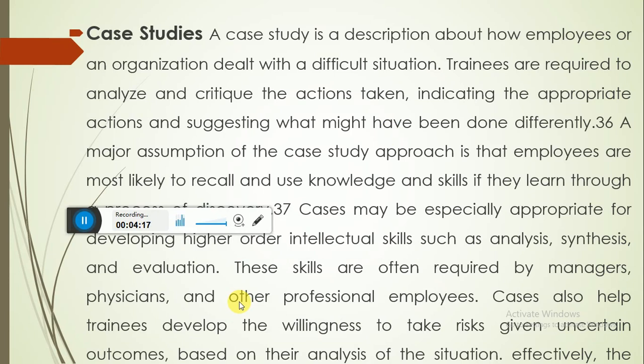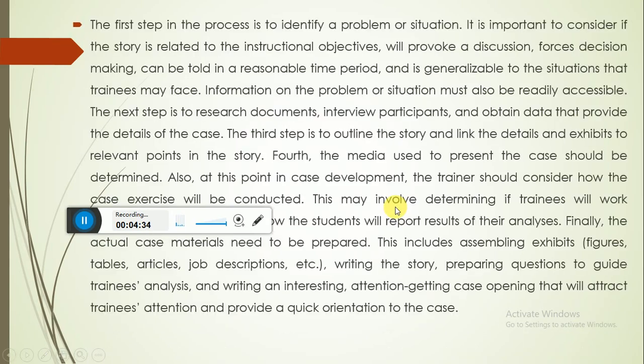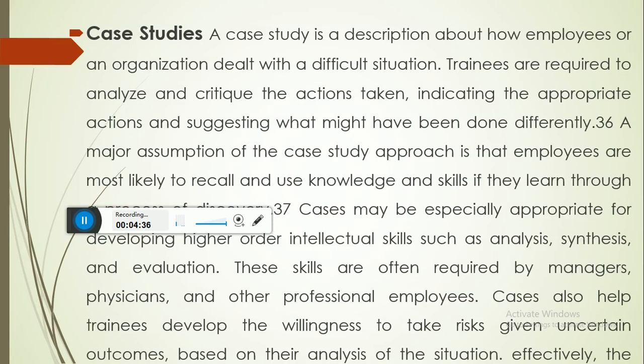These skills are often required by managers, physicians, and other professional employees. Cases also help trainees develop the willingness to take risks given a certain outcome based on their analysis of the situation.